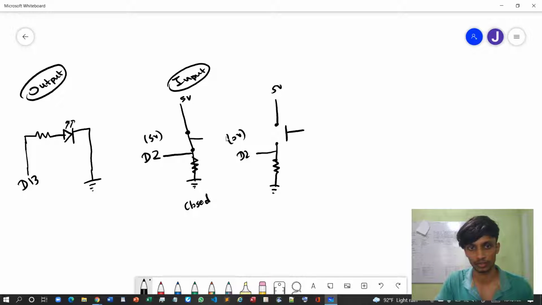So that's how we use a pull down resistor, sorry, pull up resistor, to toggle an LED. So this is a pull down resistor. Pull down means initially this voltage is pulled to the ground state. That's why it's known as pull down.